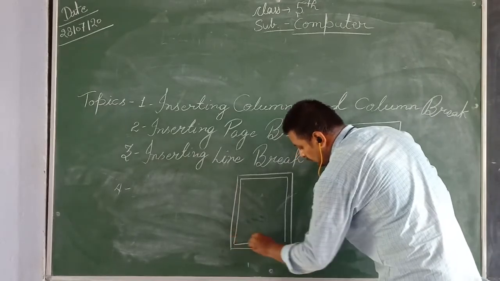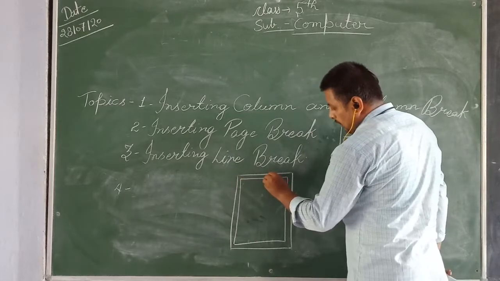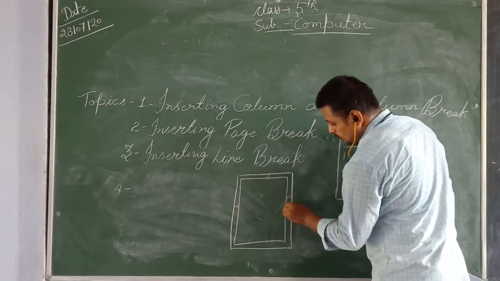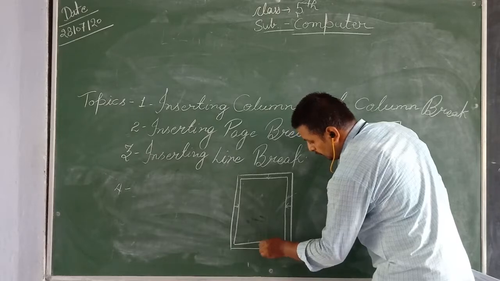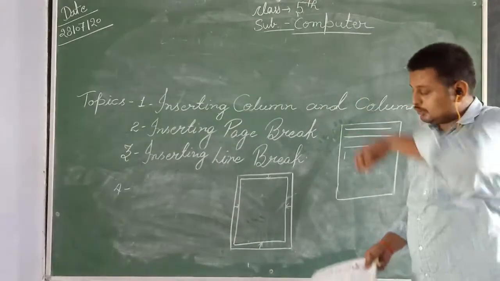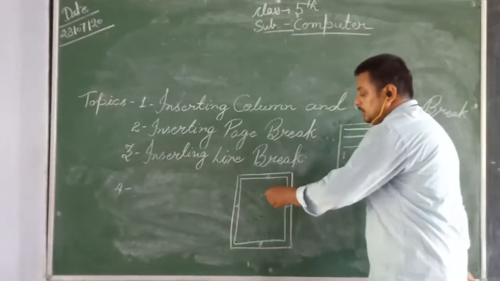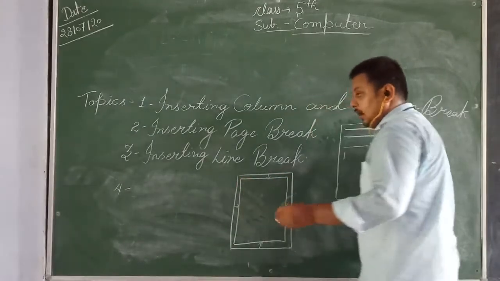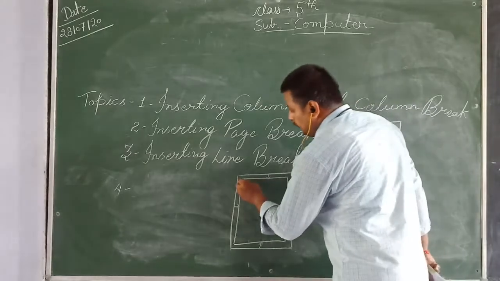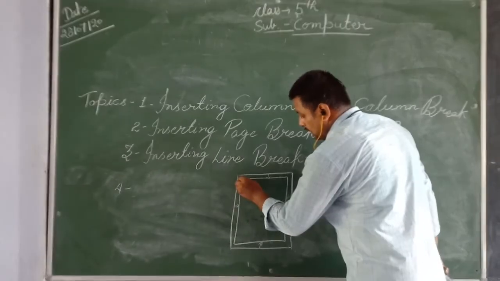Okay, from the top, from the left, from the right, and from the bottom. So how many centimeters or millimeters you want to leave on the page. Okay, so in the margin option you can select this type.